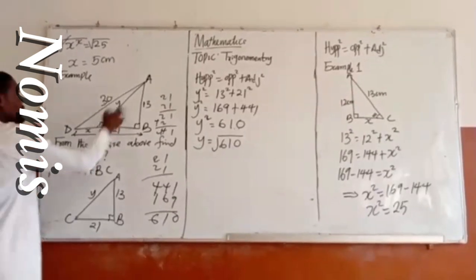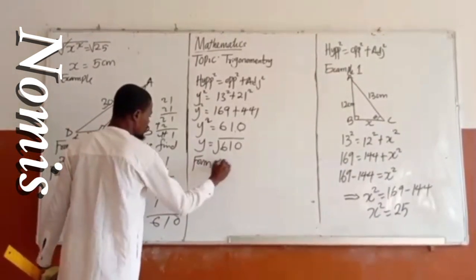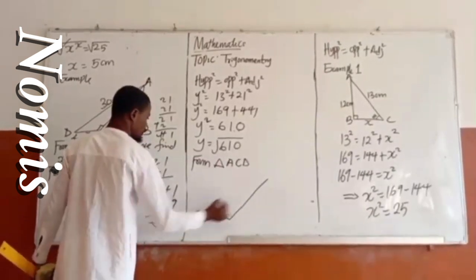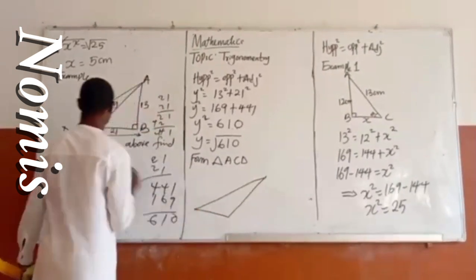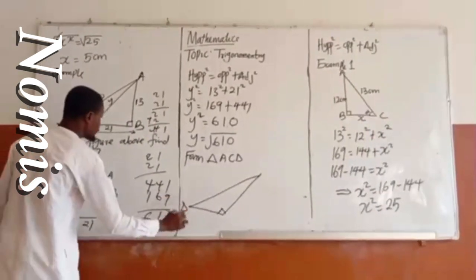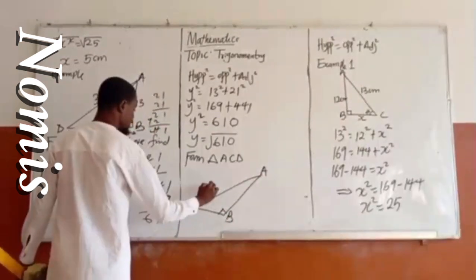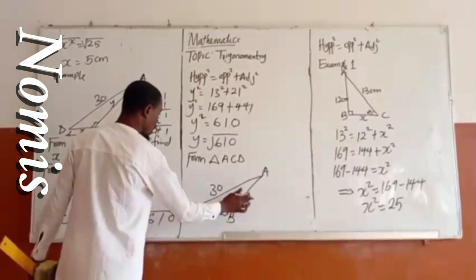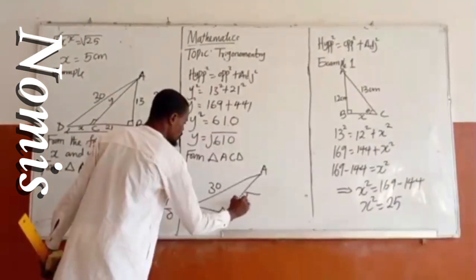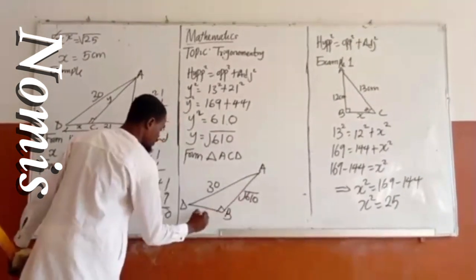So now from triangle ACD, we have something like this. Here we have the right angle sign. Here is D, here is A, and here is B. Here is 30, and here is y. Y was already solved, which is the square root of 610. And we're looking for x.